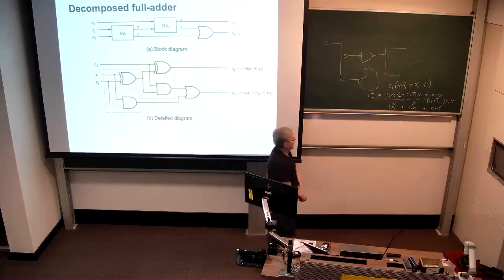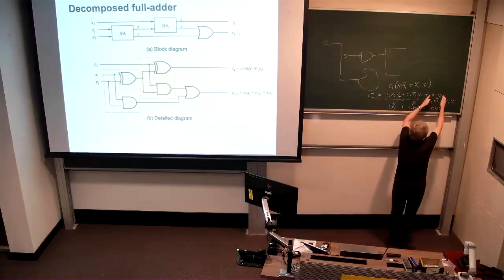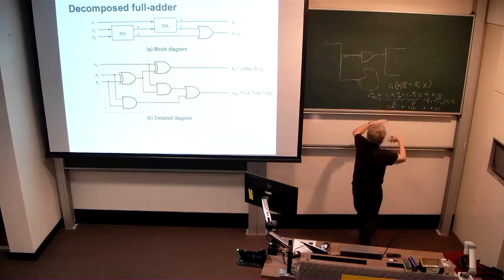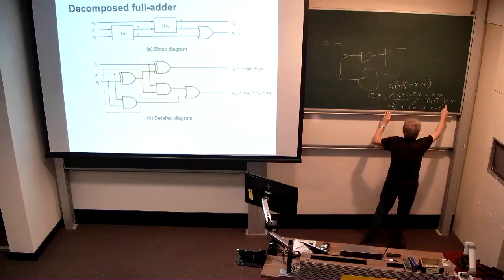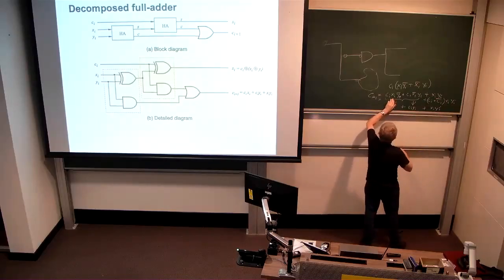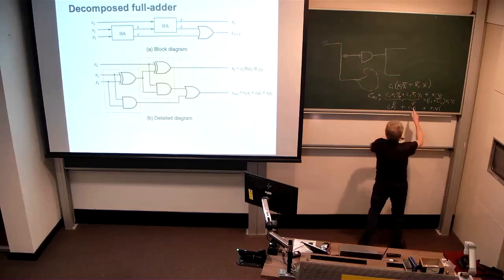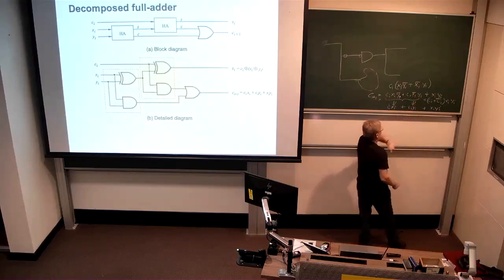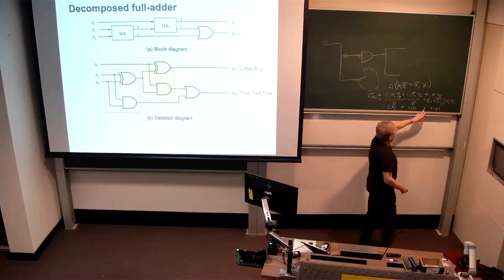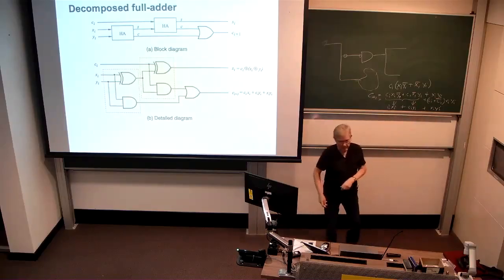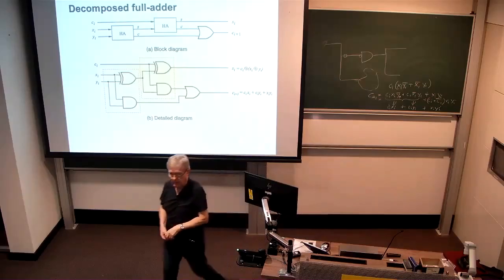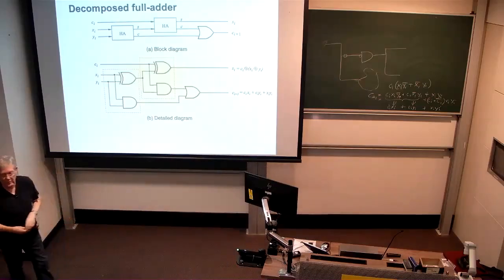I've simplified that by ANDing Xi Yi with Ci or Ci bar, and then using the uniting theorem on Ci Xi Yi with Ci Xi not Yi to eliminate Yi here. And I've used the combining theorem with Ci Xi Yi and Ci Xi bar Yi to eliminate the Xi bar to get Ci Yi. And then finally just ORed it with the Xi Yi that I already have. So that gives me that three-term simplified form.